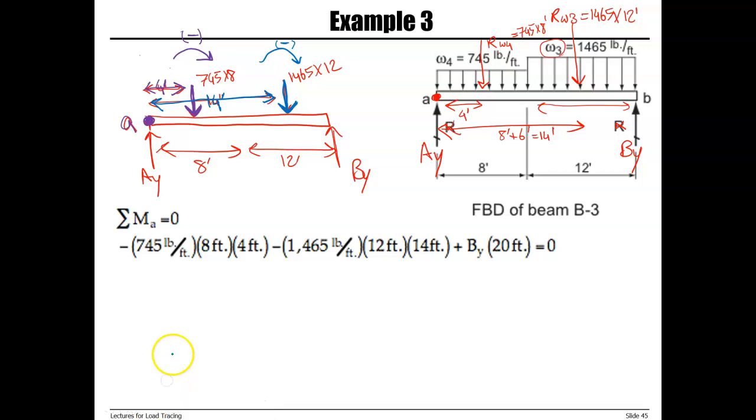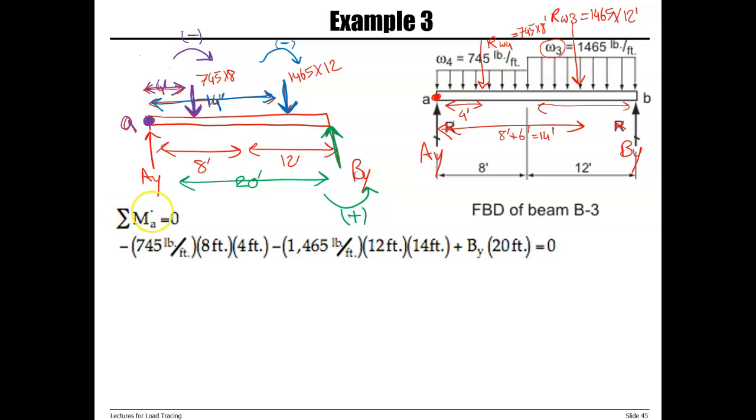And then finally we have BY, which is 20 feet from AY or point A, and it will cause a counterclockwise moment, which we will use a positive sign for.